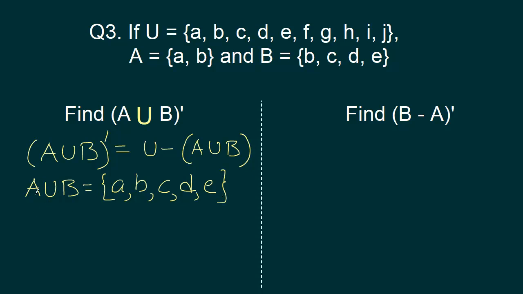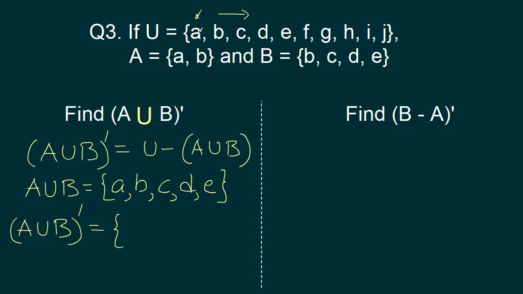Now remember, the question is not A union B, but A union B complement. So A union B complement will be a set that has all elements from the universal set minus these elements. Again, we start from the first element of the universal set and go one by one, and we only pick those elements that do not belong to this set.